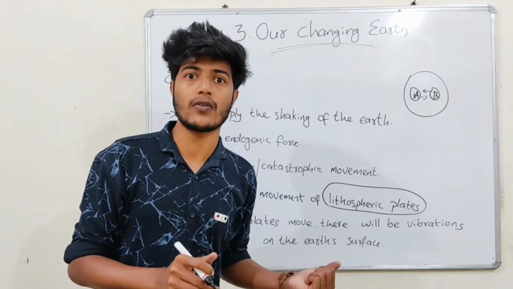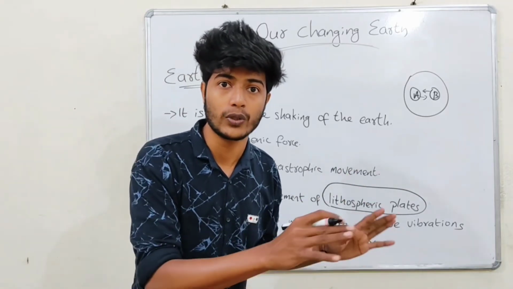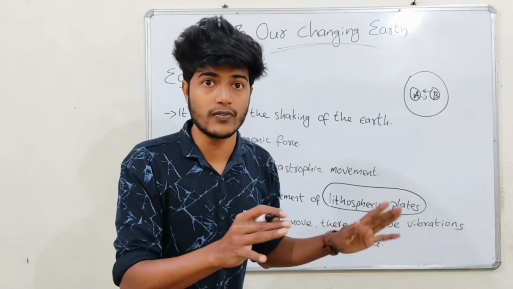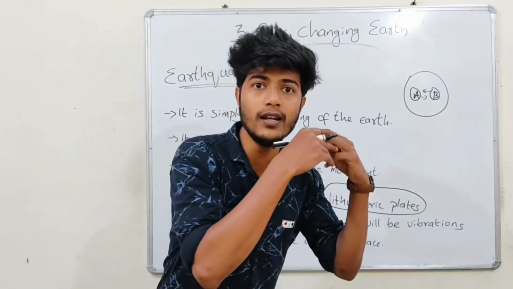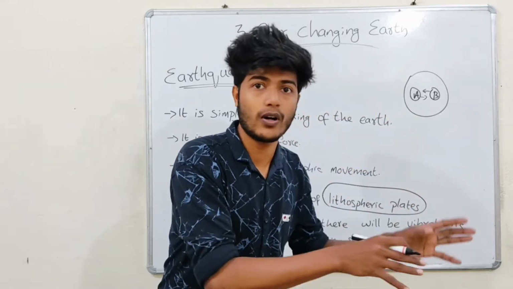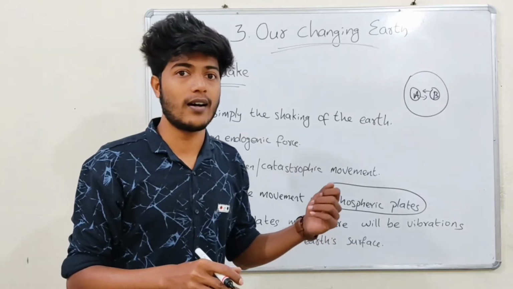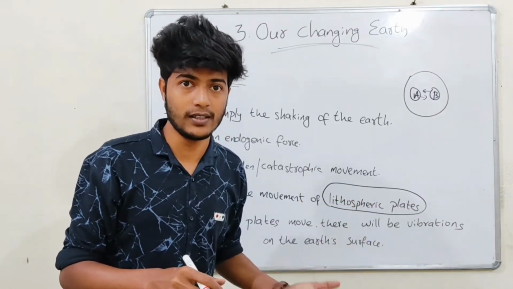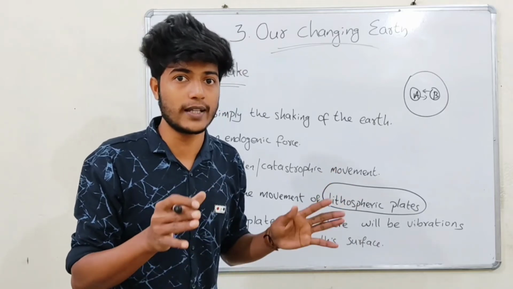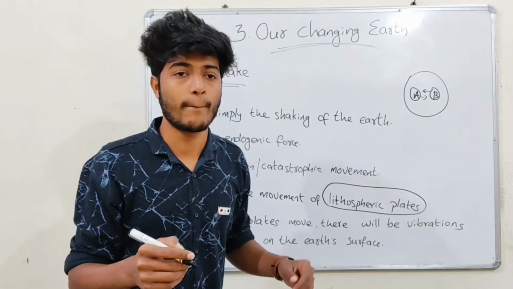Then I pull it. What will happen? If I pull it, there will be vibration on the table. The book will vibrate. The pen will move. And the ball will fall. So, when I pulled the table, there was vibration. The book vibrated. The pen moved and the ball fell down.